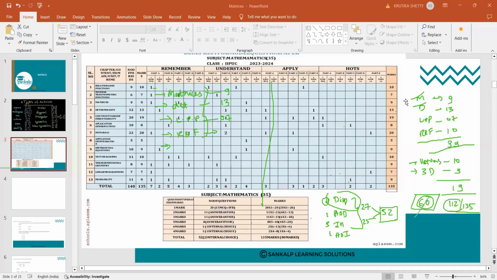How to prepare for the 52 marks and how to prepare for the 60 marks, the next discussion will be on that. So just make a note of this: these are the 39 marks, 19 marks, and then 52 marks. So total it will be 60 plus 52, 112 marks.